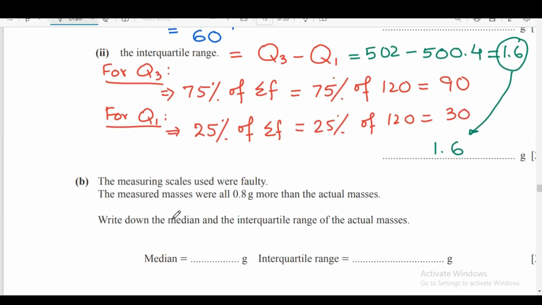In part B, the measuring scales used were faulty. The measured masses were all 0.8 gram more than the actual masses. Write down the median and the interquartile range.